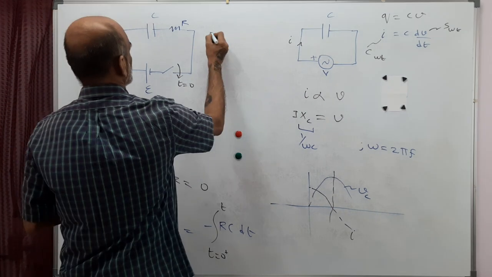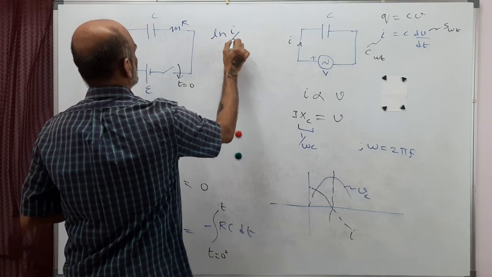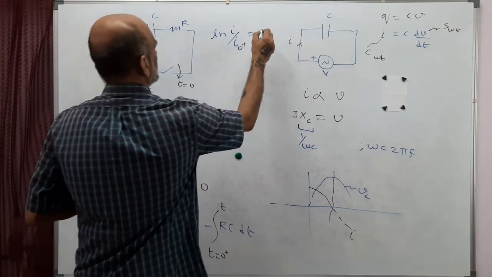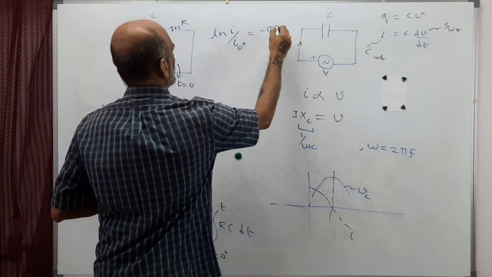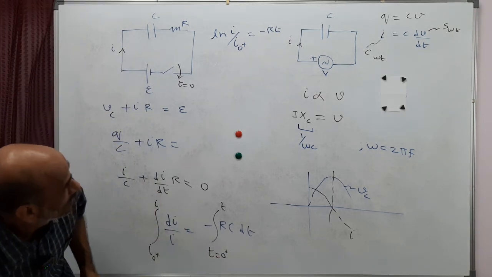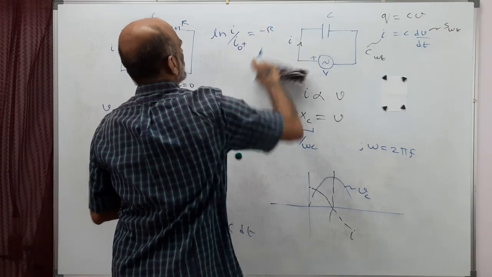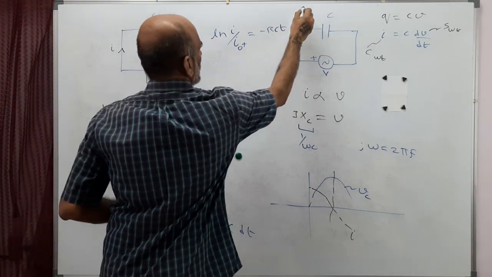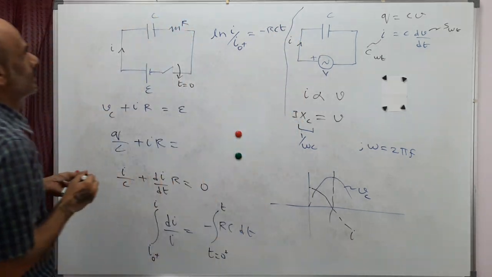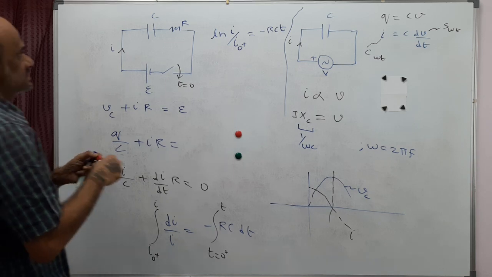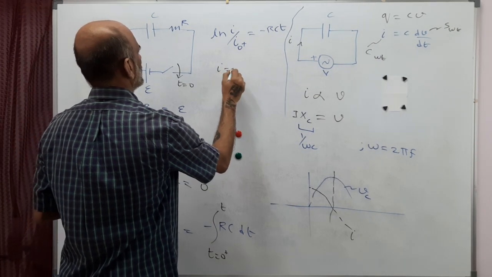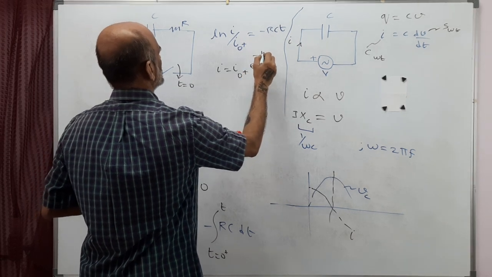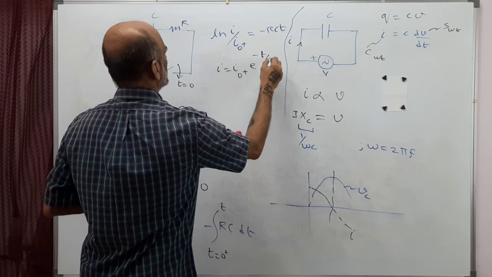So this I'll get as ln I by I naught equal to minus 1 by RC into t. So from this I get the current I as the initial current into e to the power minus t by RC.